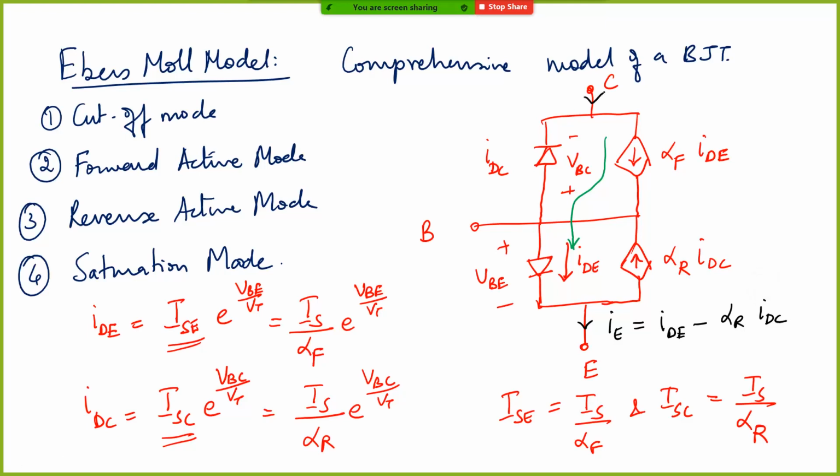What can we talk about the current which is going into the collector? Because we are assuming the forward active mode, or we are sticking to that convention. What can we say about IC? IC can be talked about as minus IDC plus alpha F times IDE. And IB is going to be what?